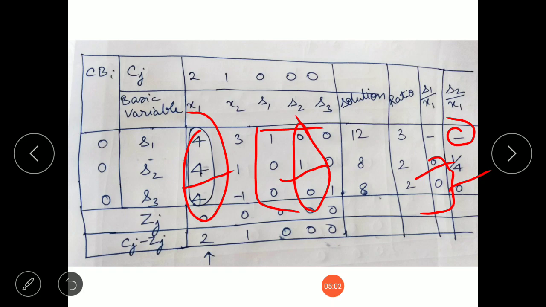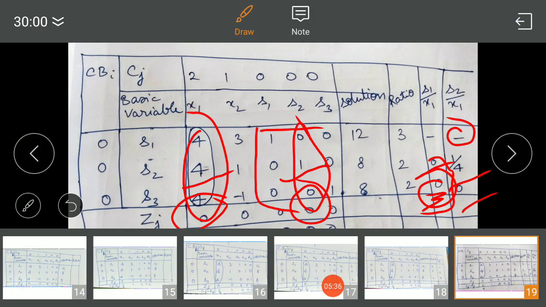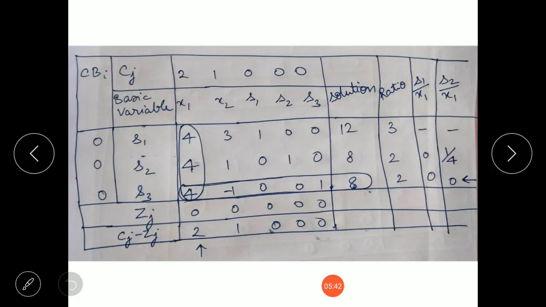Similarly, for the third element, the corresponding element in the S2 column is 0, and the corresponding element in the X1 column is 4. So 0 divided by 4 is 0. Now comparing these two elements, 1 divided by 4 and 0, the minimum positive value is 0.